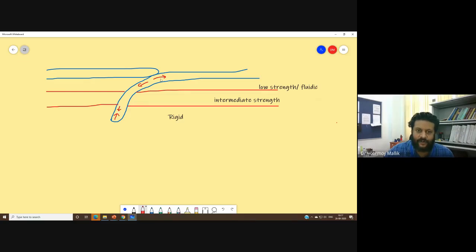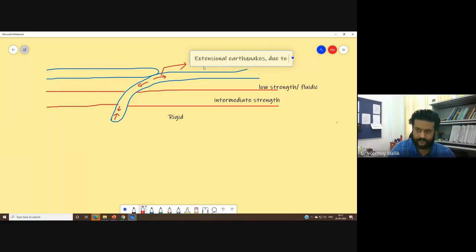So the shallower earthquakes, which are related to the subduction zone, are normally extensional earthquakes. Okay, so we observe here extensional earthquakes, or earthquakes due to normal faulting.